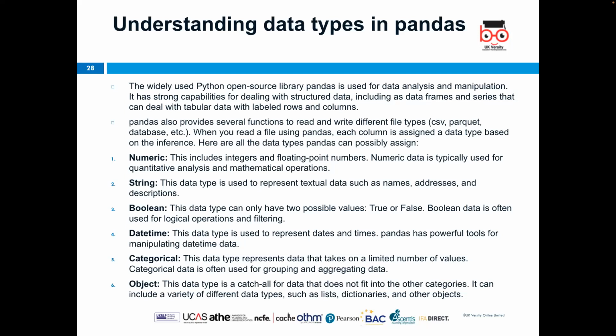Okay, my bad, we have datetime. This data type is used to represent dates and times. Pandas has powerful tools for manipulating datetime data. Categorical. This data type represents data that takes on a limited number of values. Categorical data is often used for grouping and aggregating data.